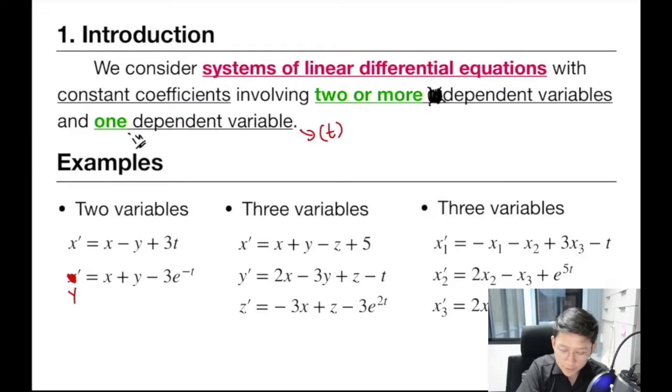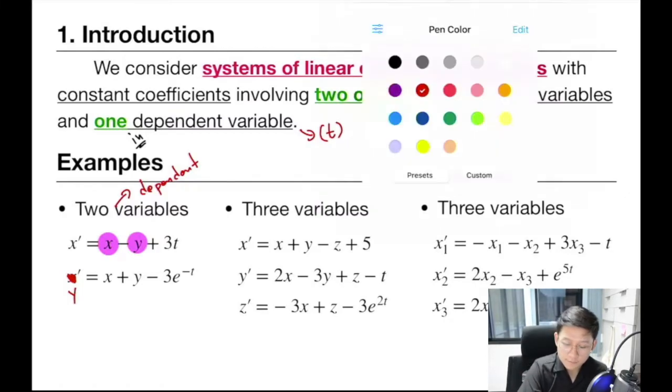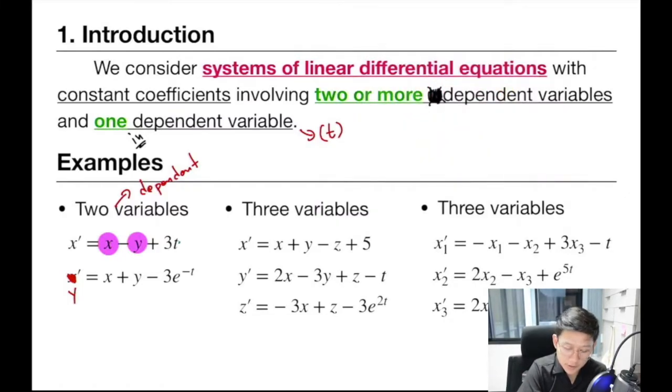Here the dependent variables are x and y. When I say two variables, I mean two dependent variables, and the independent variable is t. As I told you, we usually denote it by t.